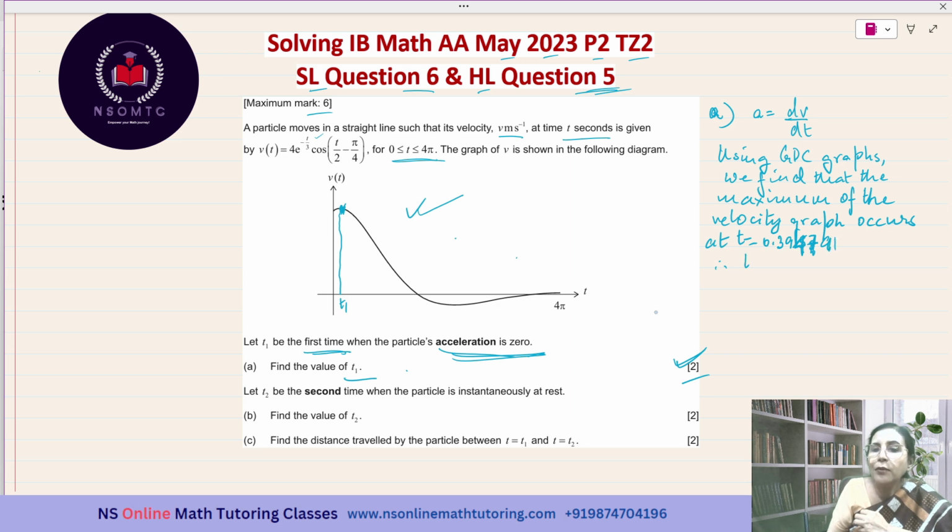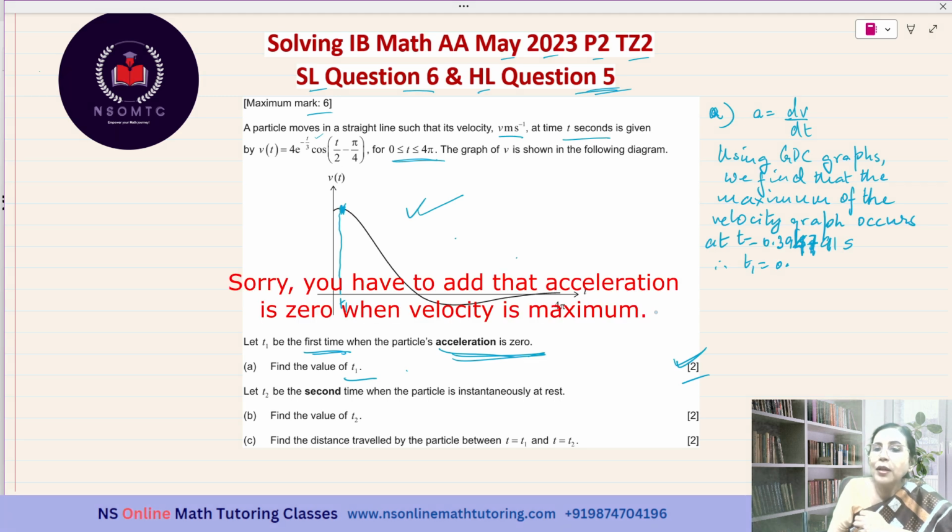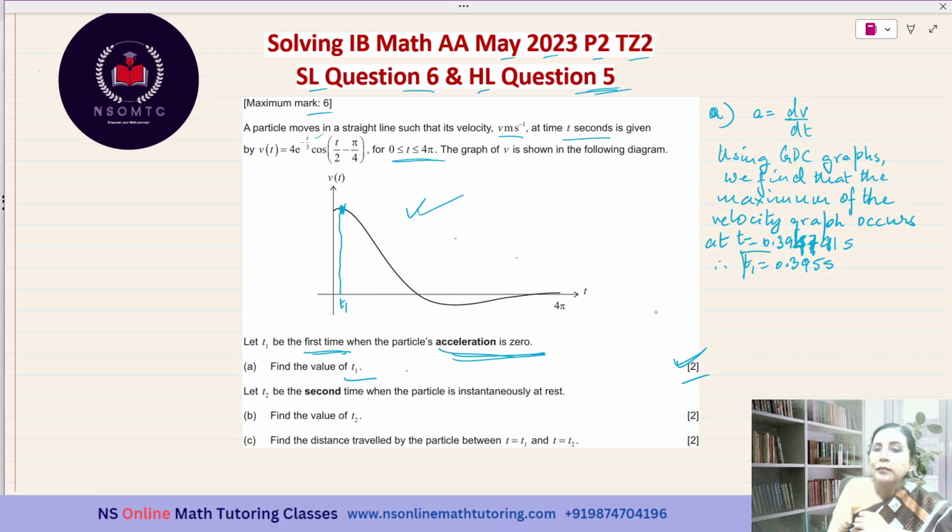And therefore, T1 is equal to 0.395 seconds correct to 3 significant figures. Okay.